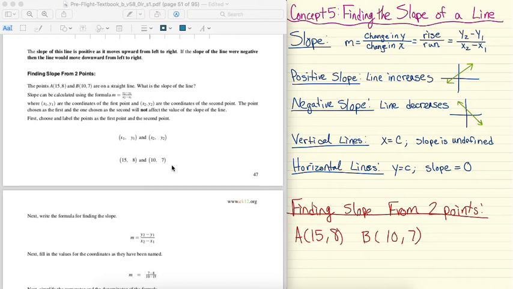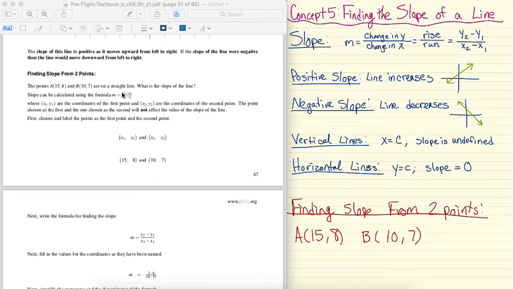You notice in the textbook they have what's called subscript, x sub 1, y sub 1, x sub 2, y sub 2. All that is saying is this is going to be the ordered pair of your first point, this is the ordered pair of your second point for plugging them into the formula. I'm going to say A is my first point because I wrote it down first, and B is my second point. It really does not make a difference.